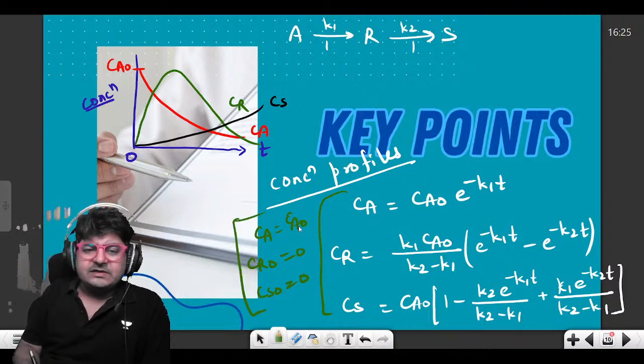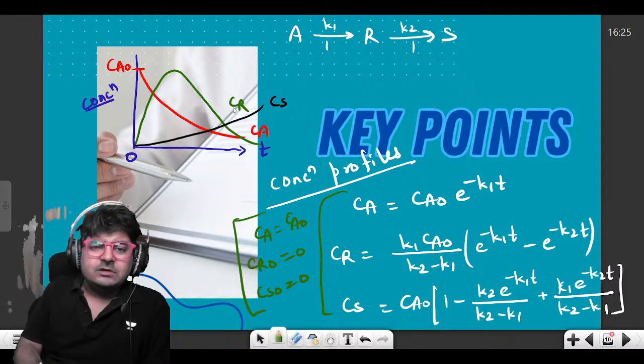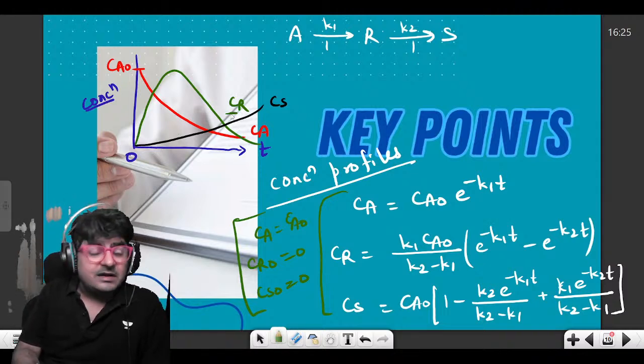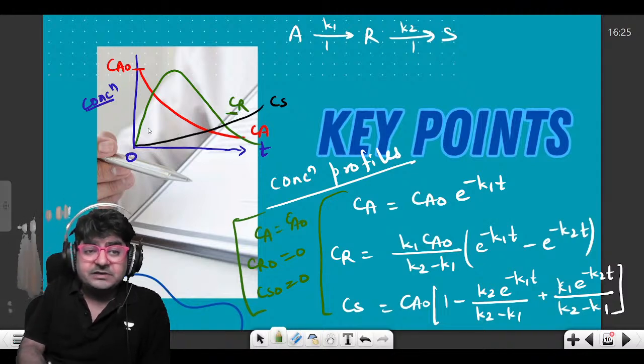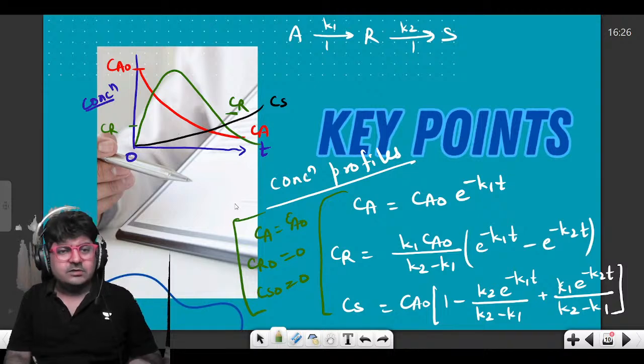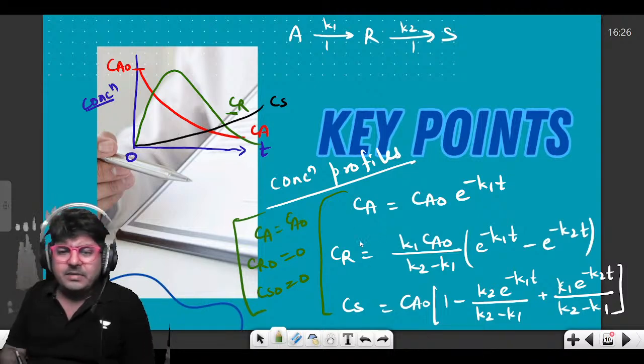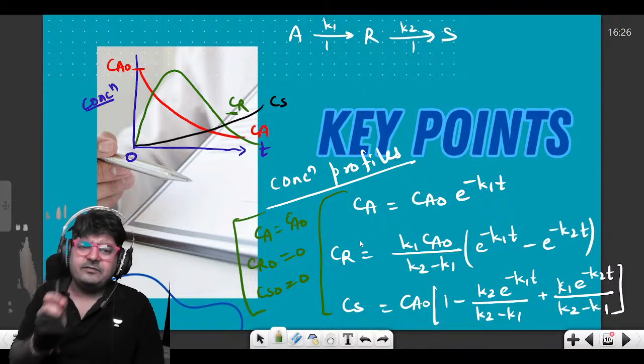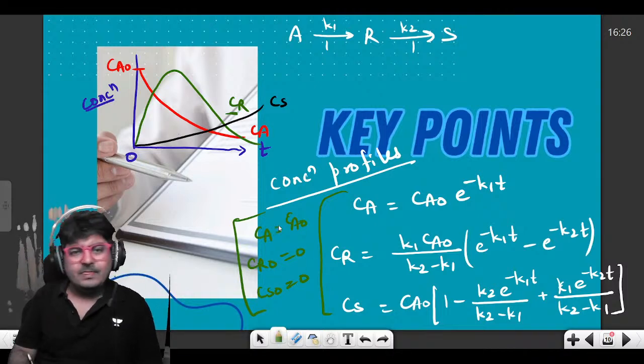And you can understand if Cr naught is there, the graph of R will start from some value on the y-axis because Cr naught will be non-zero. Similarly, the S curve will also start somewhere on this because Cs naught will be non-zero. These are the variations you can understand, but ultimately the nature of the graph will be the same.